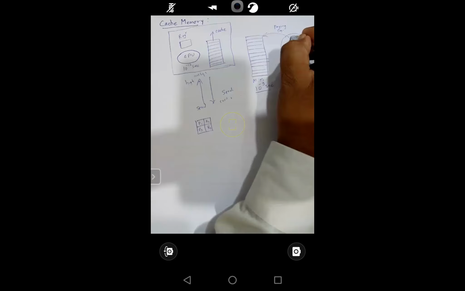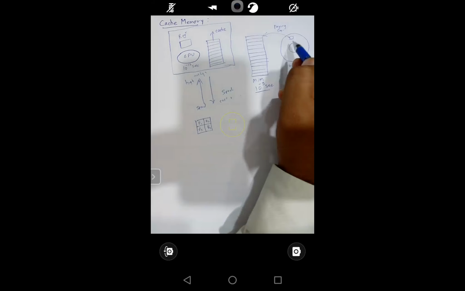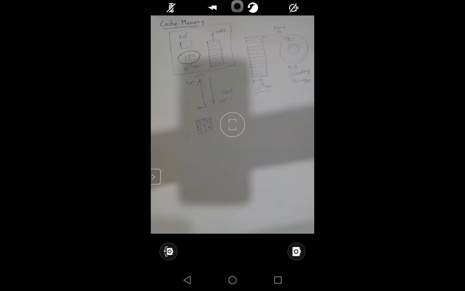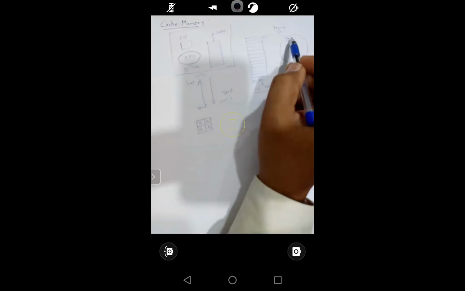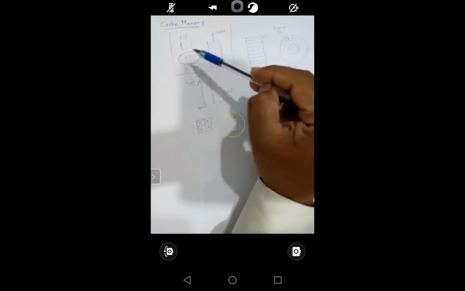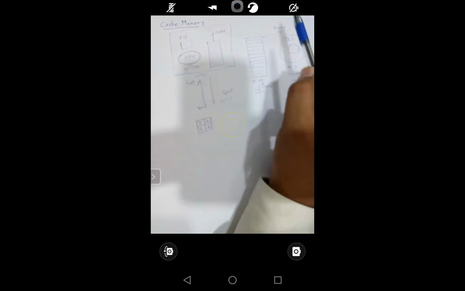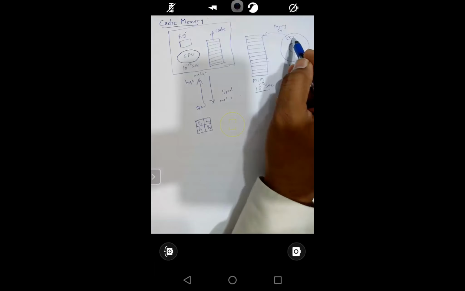For example, the processor wants 1 byte of data. What we do is add the nearest data along with the required data into the main memory, because we have discussed the concept of locality of reference. The byte required by the CPU is added into the main memory, as well as the bytes nearby the required byte.